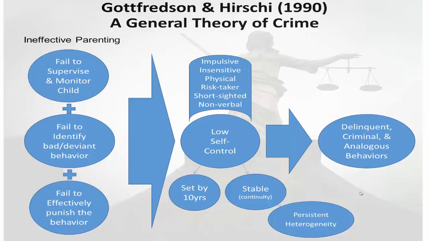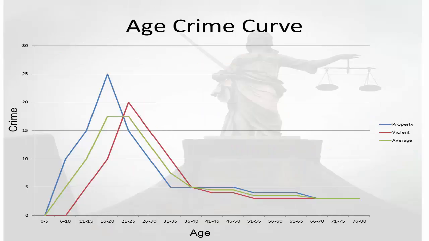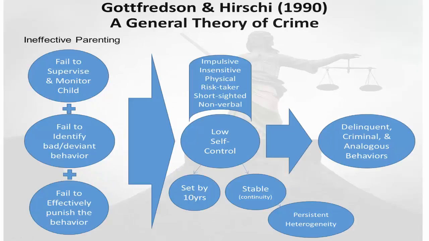So Gottfredson and Hirschi say that this dip in the age crime curve is explained by incidence of offending. They're not actually desisting, they're committing fewer crimes, and they're probably engaging in much more analogous behaviors. So just to review, Gottfredson and Hirschi argue for continuity in offending.